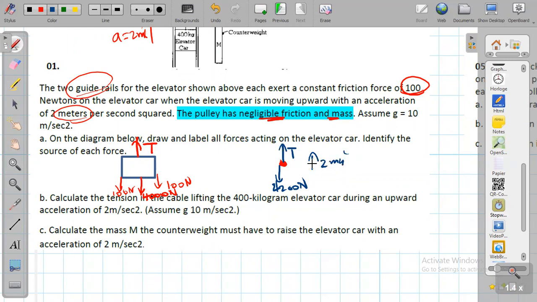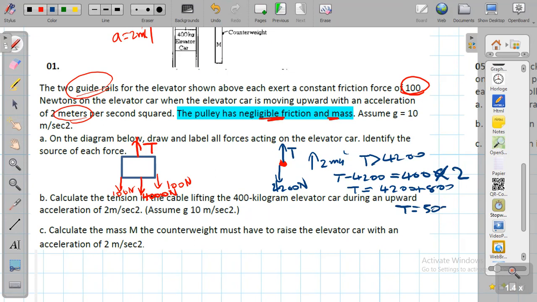So what is the bigger force? T is greater than 4,200, that's why it's accelerating upward. T minus 4,200 equals 400 times the acceleration of 2. So the tension is 4,200 plus 800. The tension force is going to be 5,000 newtons.